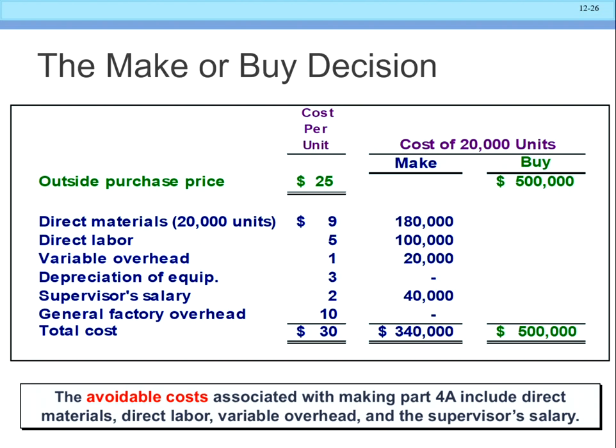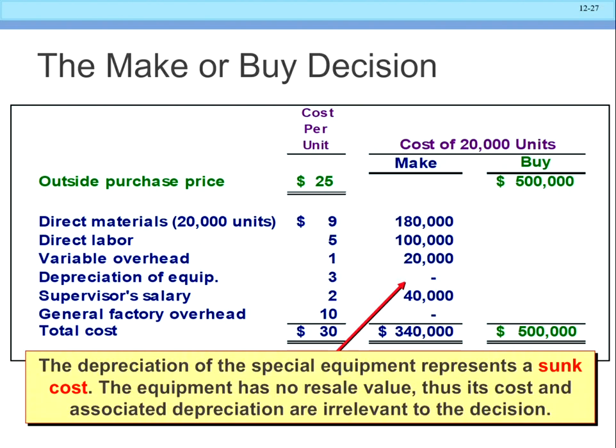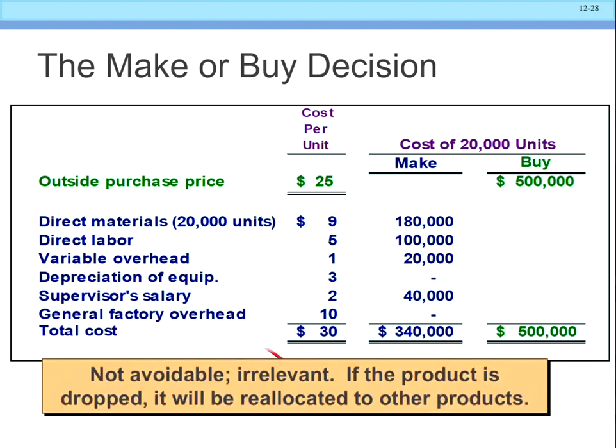So if we just use costs that are irrelevant, we end up making a wrong decision and advising the company to purchase from outside because it looks cheaper, while in actual sense, it's cheaper to continue making from within. So this is how we apply the make or buy decision. I've already explained why these costs are relevant and irrelevant.